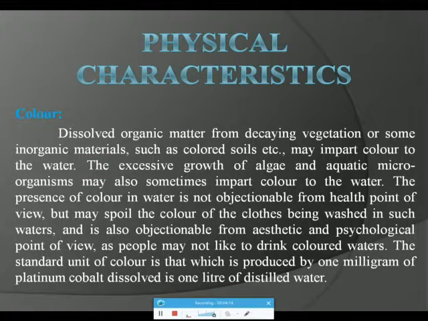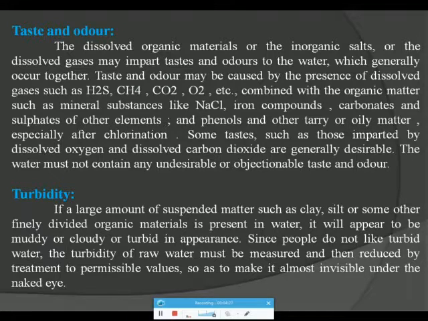Physical characteristics. Color: dissolved organic matter from decaying vegetation or some inorganic materials such as colored soil, etc. Taste and odor. The dissolved organic material or inorganic salts or the dissolved gases may impart taste and odor to the water, which generally occur together.